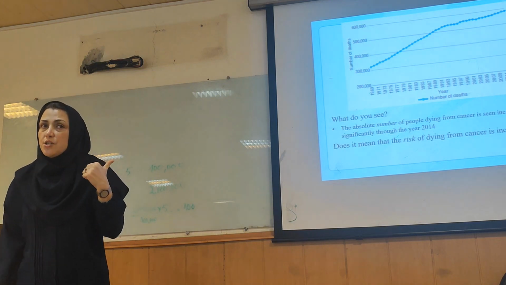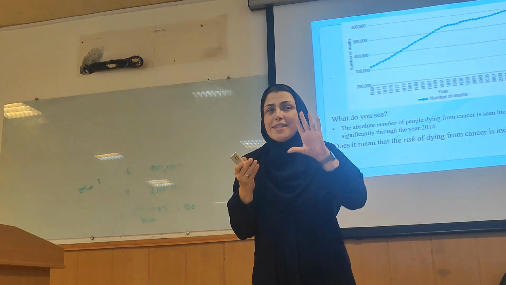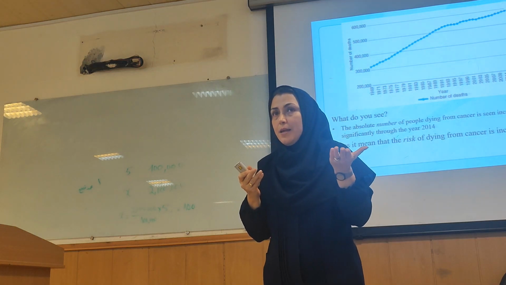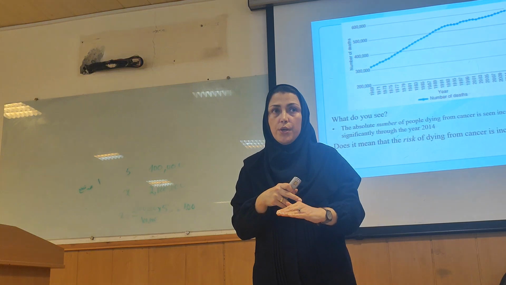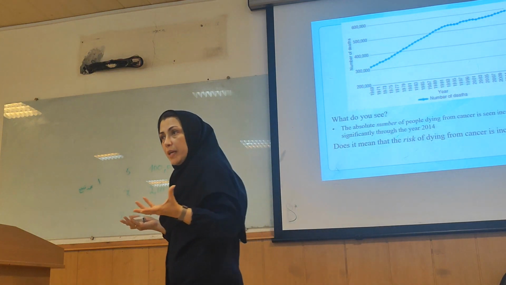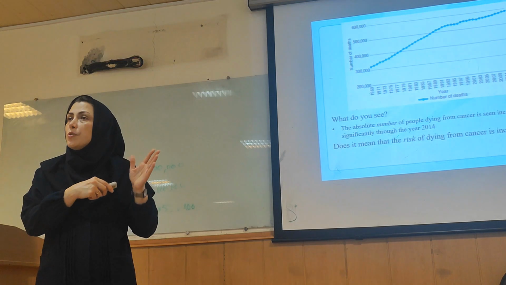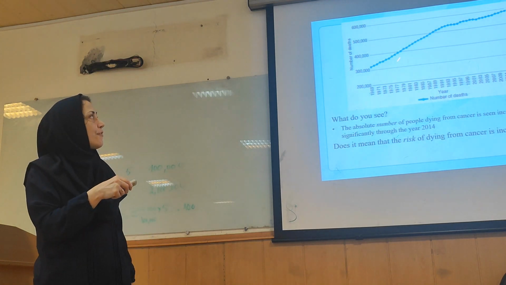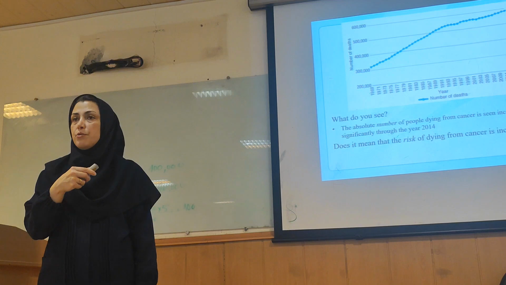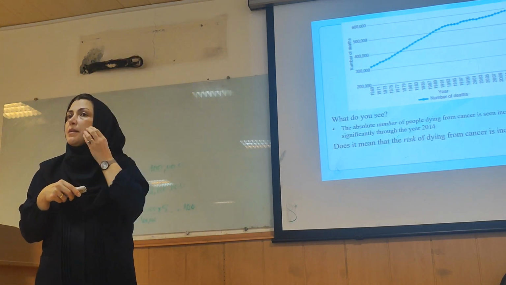In the previous session, I told you that risk is a kind of incidence. Incidence needs numerator and denominator. You should know about the population at risk. In this slide, you do not know anything about the denominator. You have just the number at the numerator, the number of people dying at the numerator of the rate.